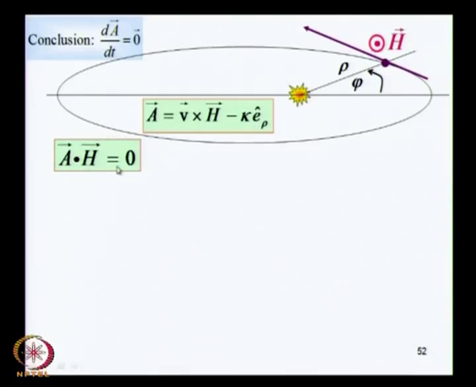So, this scalar product goes to 0. That tells us that the Laplace-Runge-Lenz vector is in the plane of the orbit, but in which direction is it? It is in this plane, but you can draw a number of vectors in this plane.